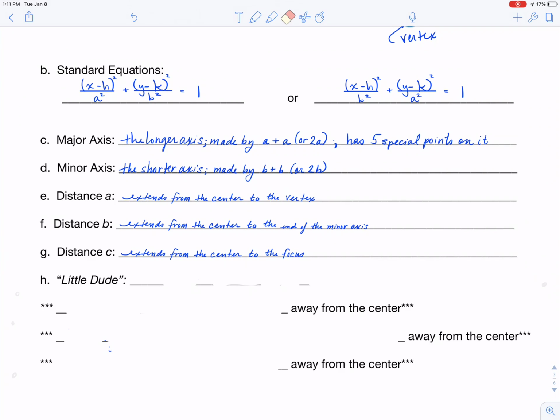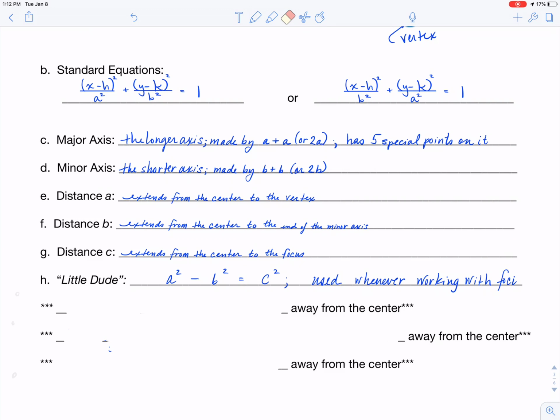I have a little formula here that I tend in class to call little dude. This is not an official statement for this, but that's what I call him in class. So my little dude equation is going to be a squared minus b squared equals c squared. The reason that you would need this equation is anytime you're going to work with the foci, you're going to need little dude.